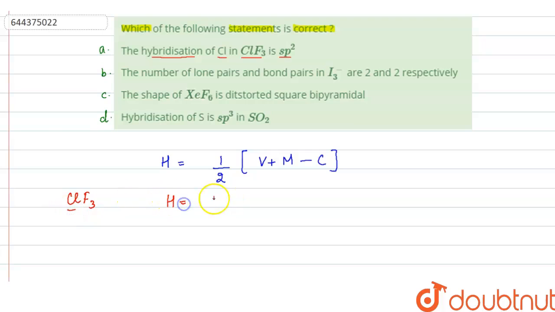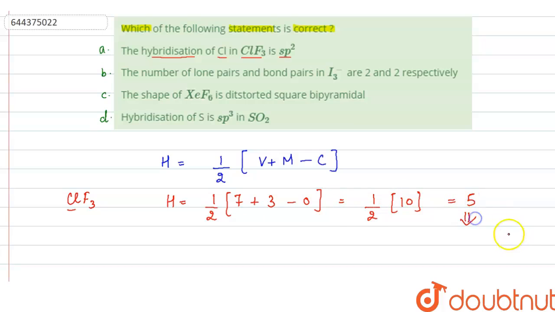H will be equal to half into, the number of valence electrons in chlorine is 7, plus 3 fluorine atoms are attached to chlorine, and it is monovalent because it shows a valency of 1. So M is 3, minus 0 because it is neutral. So it will be half into 7 plus 3 is 10, so half into 10 is equal to 5.